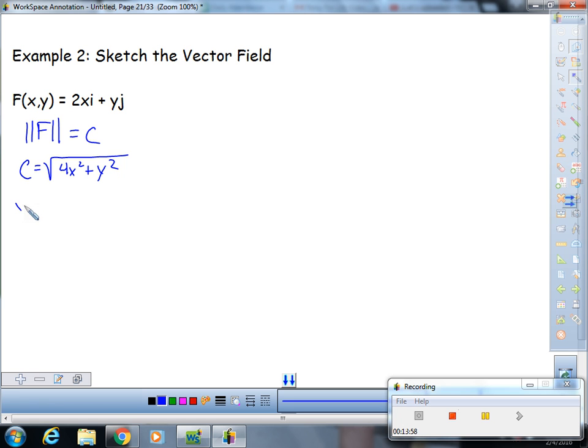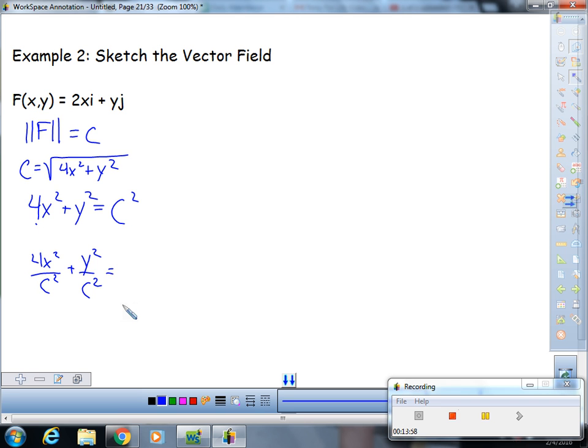So then you get 4x squared plus y squared equals c squared. We're going to leave it like that, but just remember that would be 4x squared over c squared plus y squared over c squared equals 1.